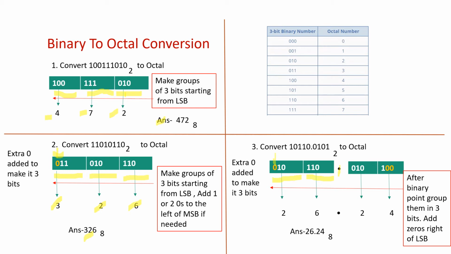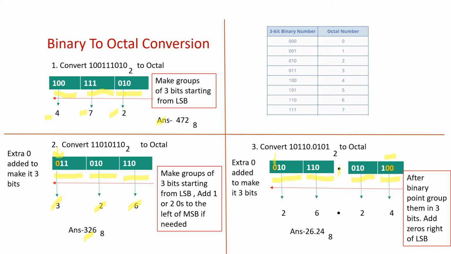To the right of the binary point, we start immediately after the binary point and group into 3 bits, and we find that the last group needs 2 extra zeros on the right to make it a group of 3 bits.